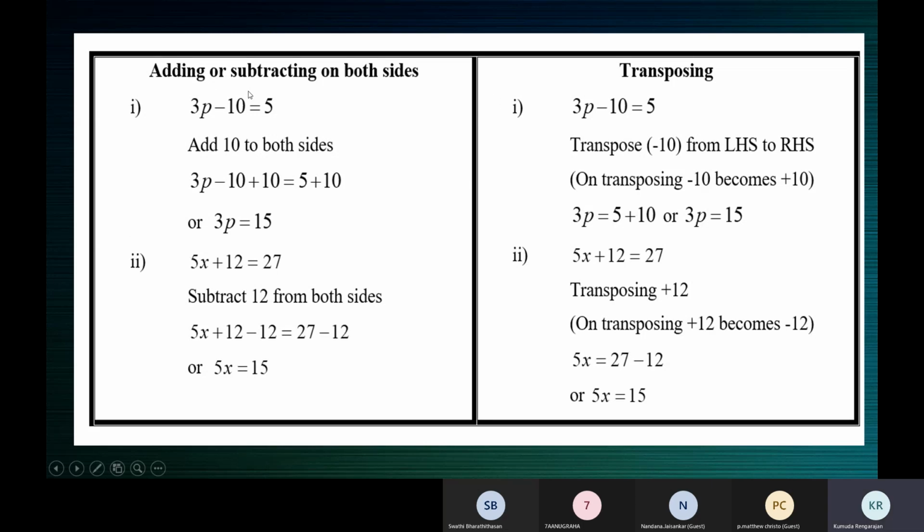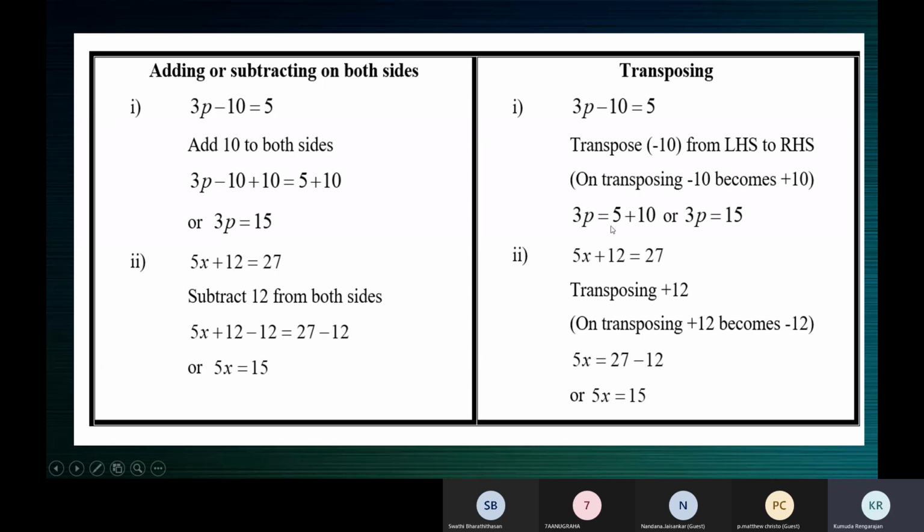So this is by adding or subtracting on both the sides, and here it is by transposing. The same equation: 3p minus 10 is 5. Here we do it by adding or subtracting, so we add 10 to both the sides and we get 3p is equal to 15. On the other side, when we transpose minus 10, it's taken to the other side as plus 10.